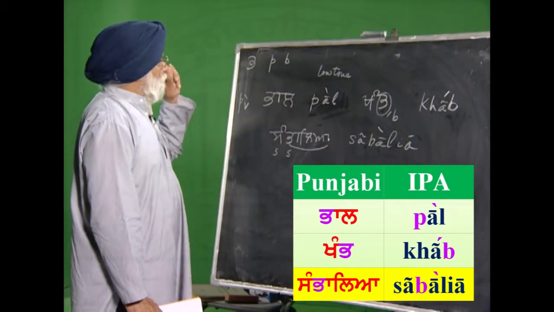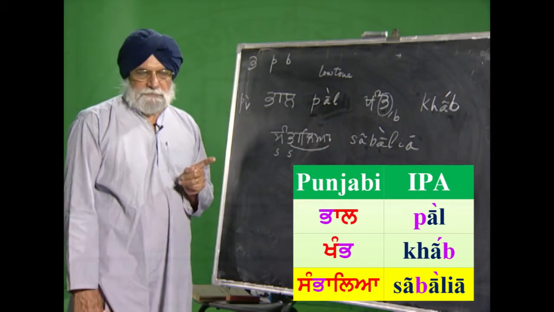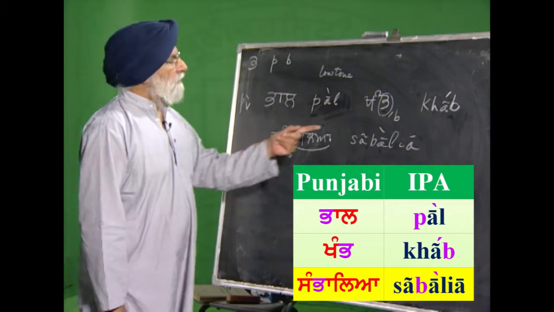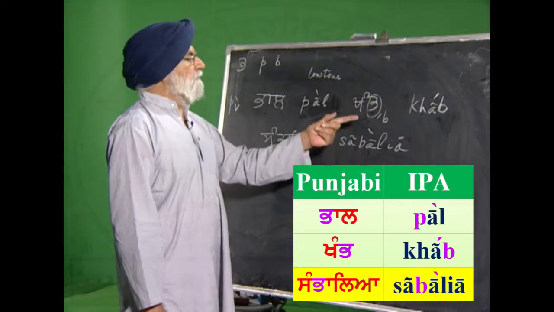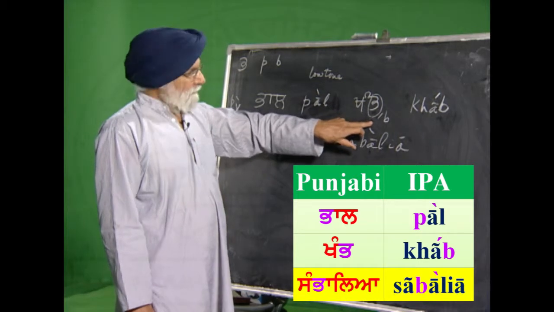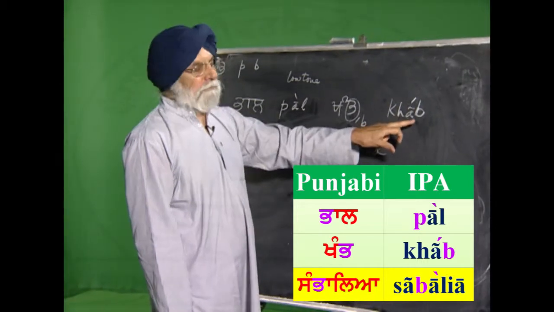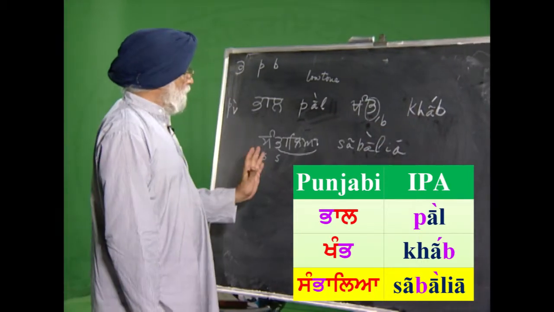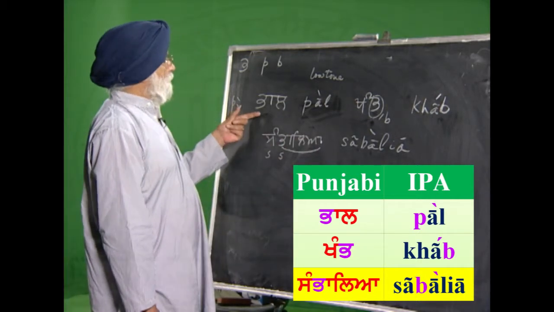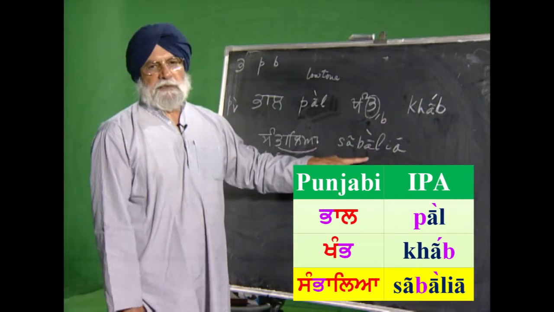So, pabba represents pa in the initial position with a low tone following. In the middle position, final position or middle position, depending upon if it is the end of the syllable, final, then you have high tone followed by ba, and if it is the beginning of the second syllable, this is the beginning of the first syllable, this is the beginning of the second syllable, then you have ba followed by a low tone.